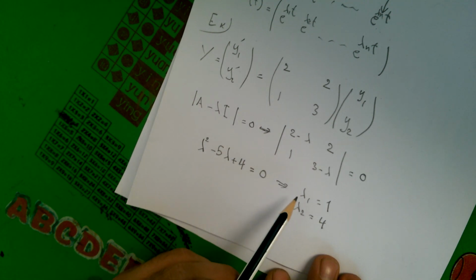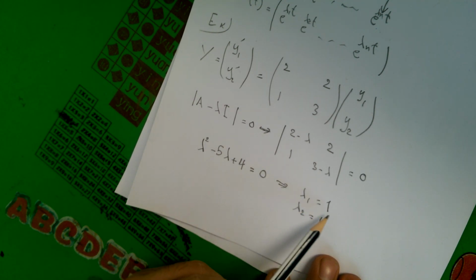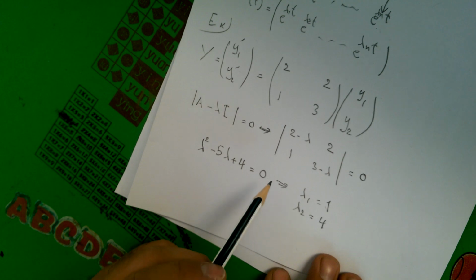Now we have to find the eigenvectors associated with 1 and 4.